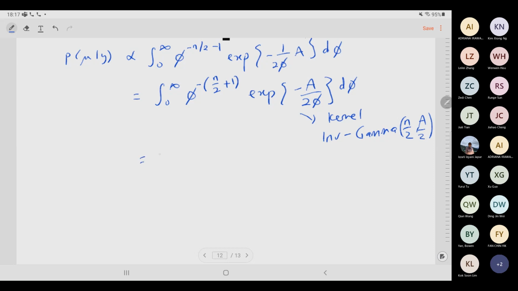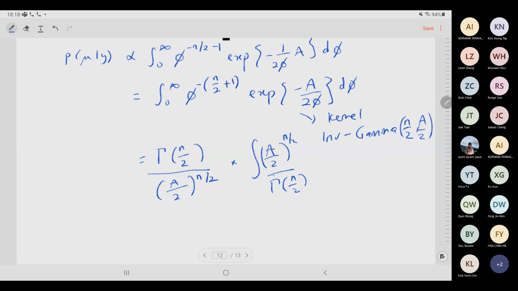So we multiply with this whole thing, and then the reverse, multiply with this, and again the phi, and this will integrate to 1.